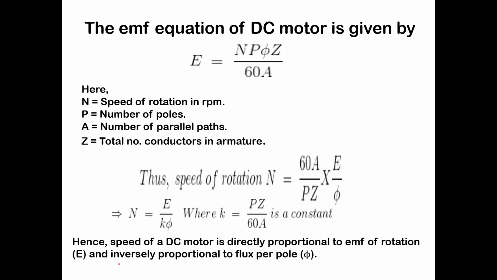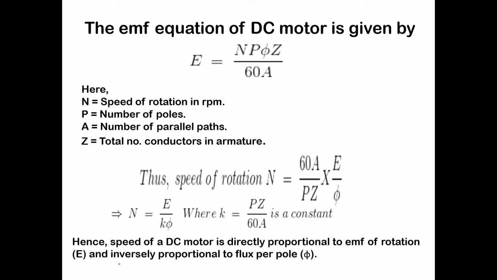Now the theory for that is the EMF equation of a DC motor, given as E is equal to NPφZ upon 60A, where N is the speed of rotation in revolutions per minute, P is the number of poles, A is the number of parallel paths, and Z is the total number of conductors in the armature. Then the speed of rotation N is equal to 60A upon PZ into E upon φ, so N is equal to E upon Kφ, where K is equal to PZ upon 60A, a constant.